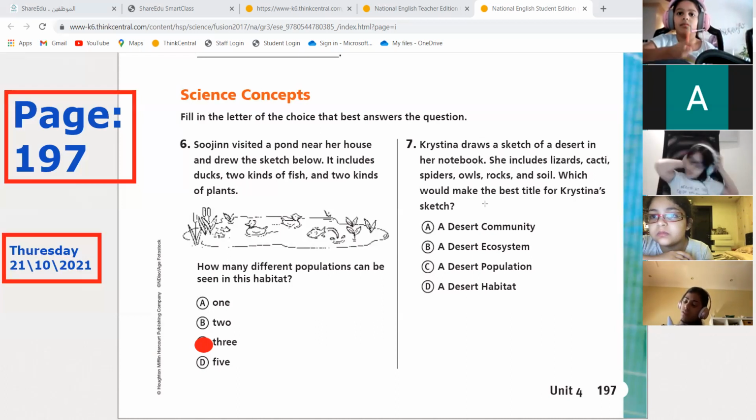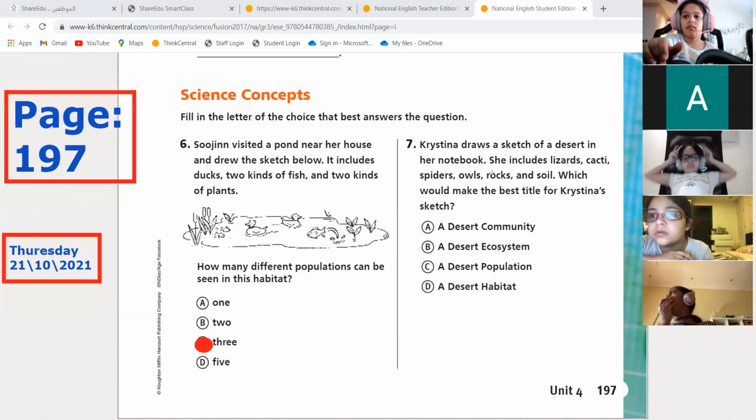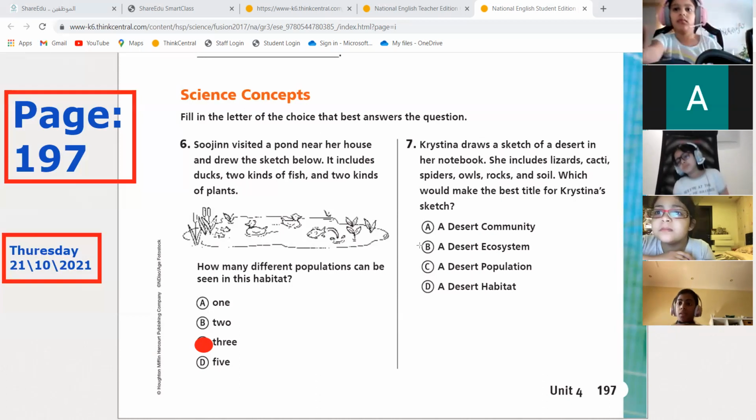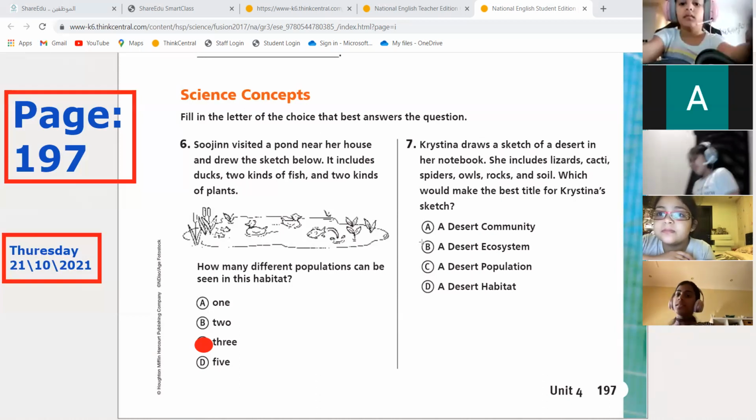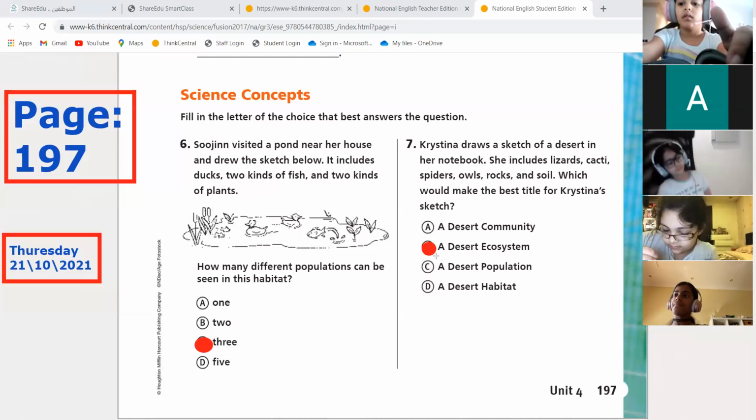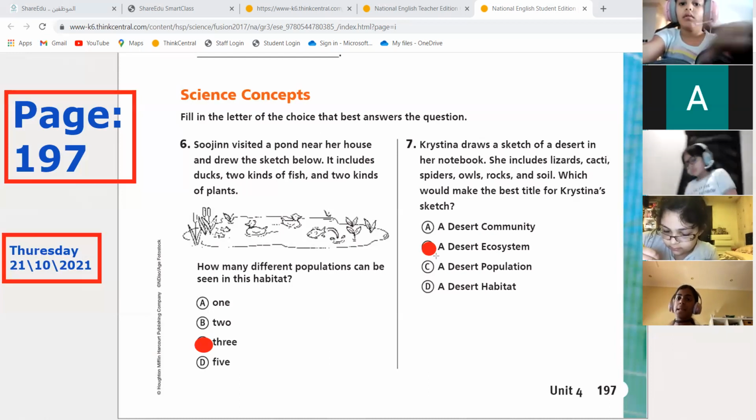Oh, so what's ecosystem? Because rocks and soil are not living things. And it's in one area. Ecosystem? Yes, excellent, Ya Rozana. It's an ecosystem.